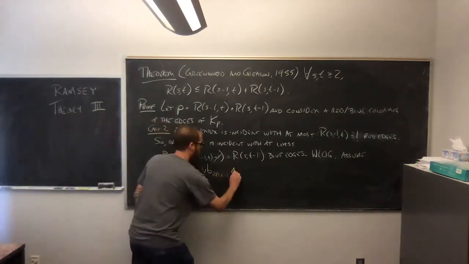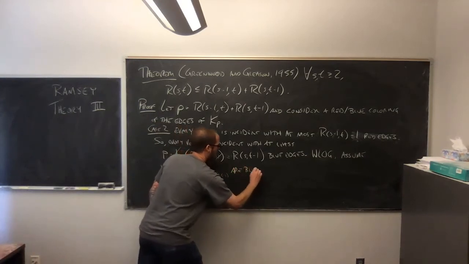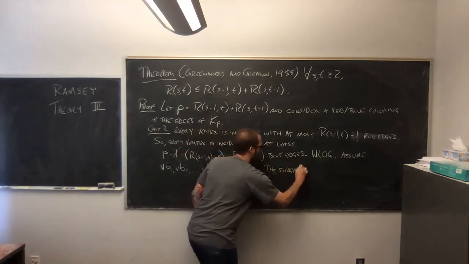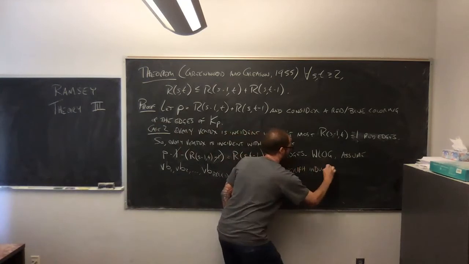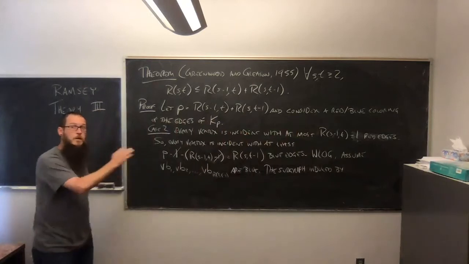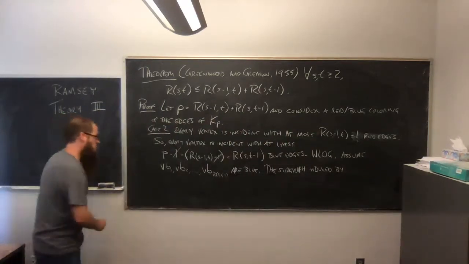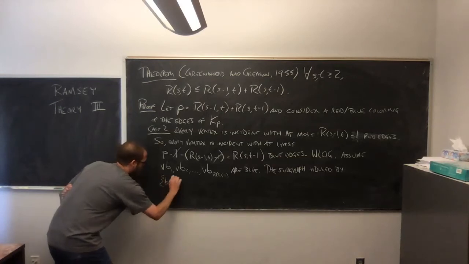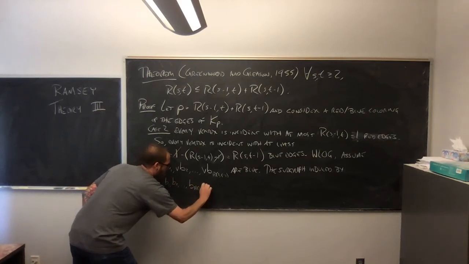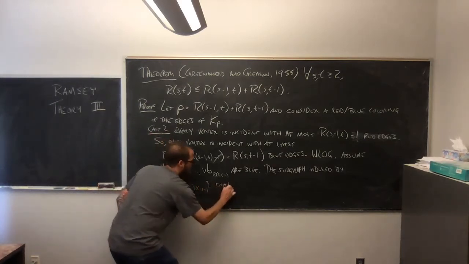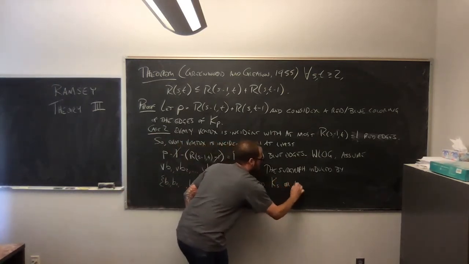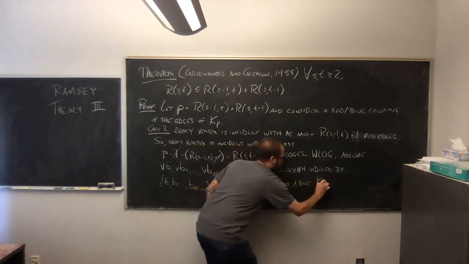And of course, the subgraph induced by the set of B1 up through B sub R(S, T minus 1) contains a red K_S or a blue K_(T minus 1).